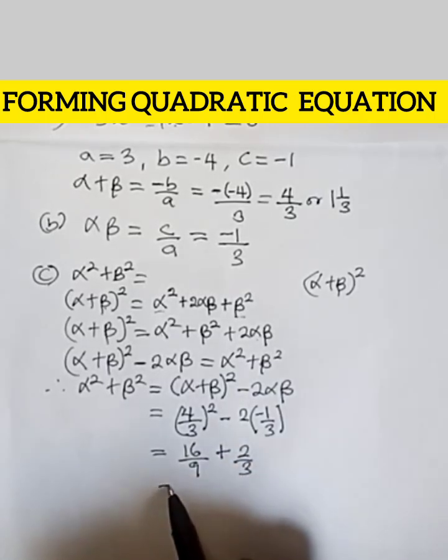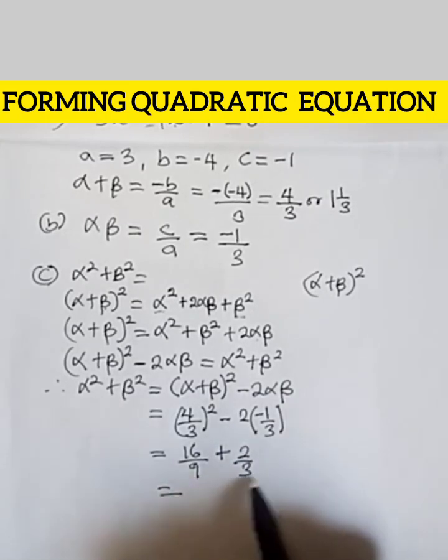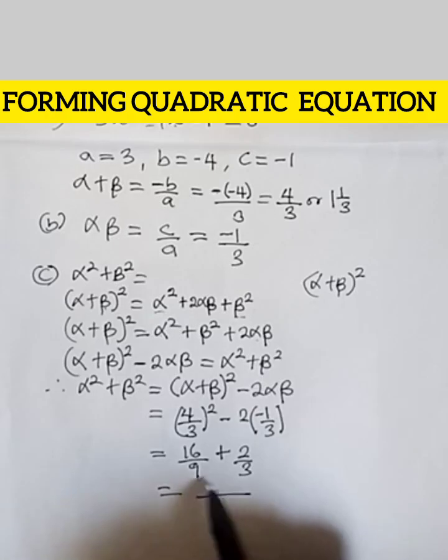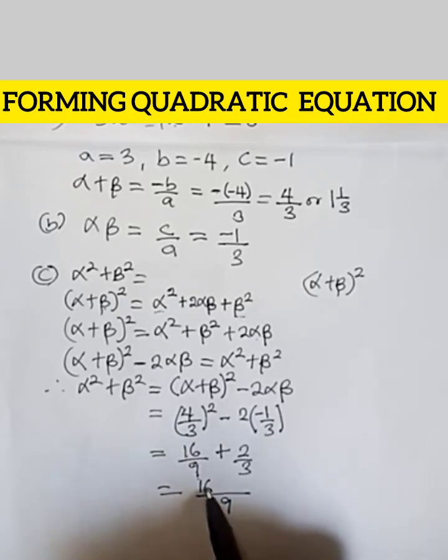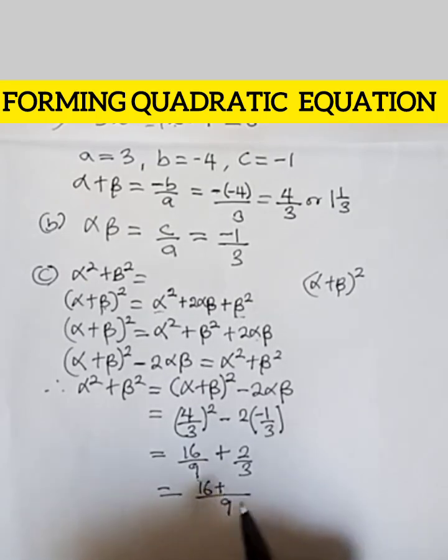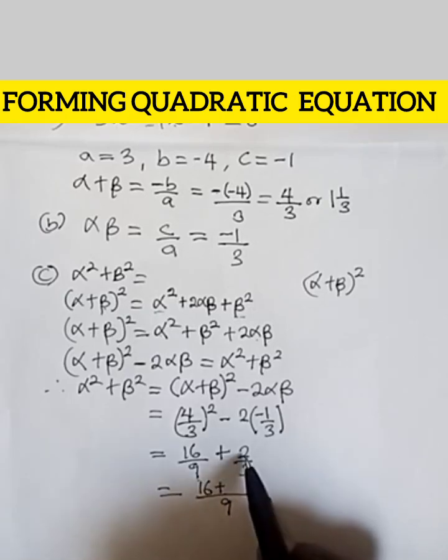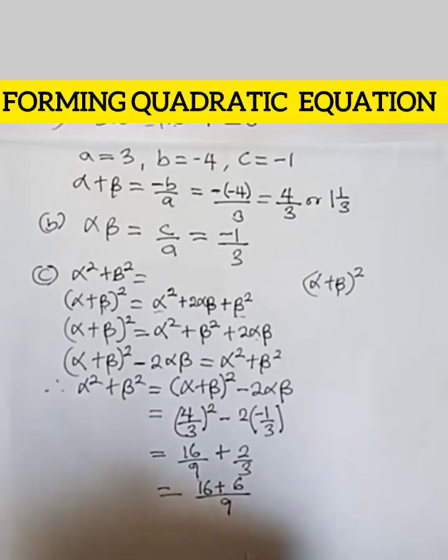Now the next thing we are going to do here is to look for the LCM. The LCM between 9 and 3 will be 9, because 9 is the larger number and 3 can go into 9 without remainder. So 9 is our LCM. 9 into 9 gives 1, 1 multiply 16, I will have 16. Keep my positive sign. 3 into 9, I will have 3, 3 multiply 2, I will have 6.